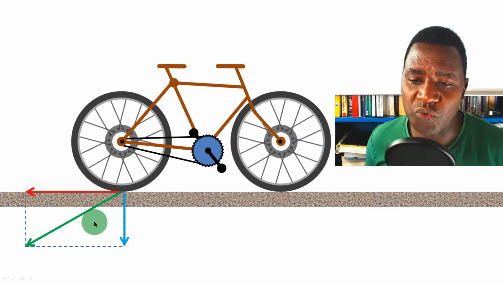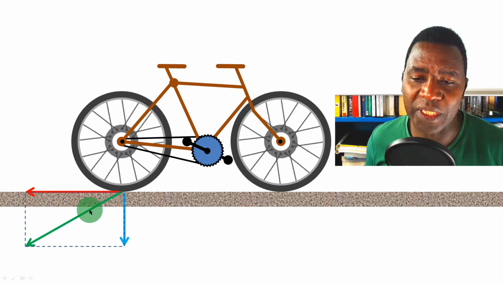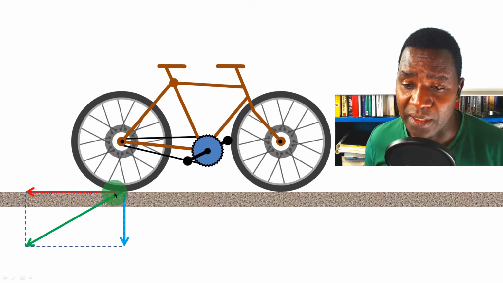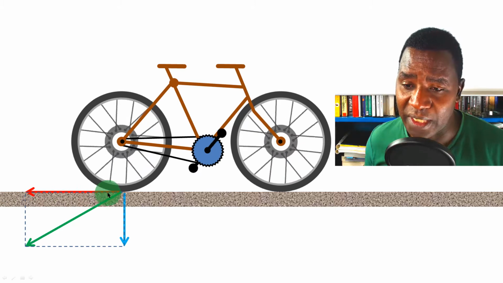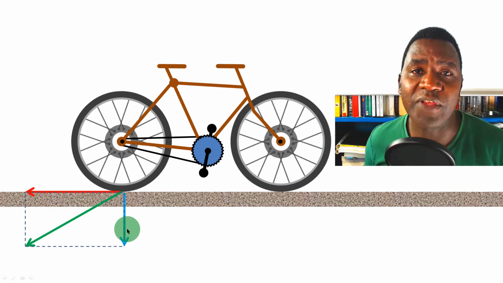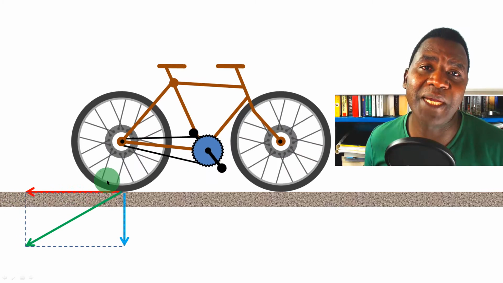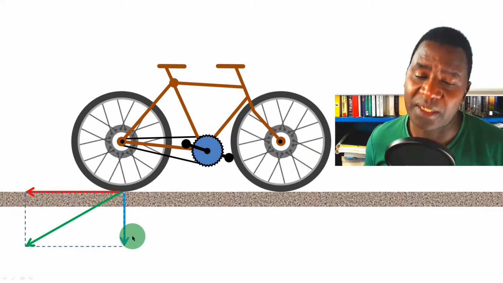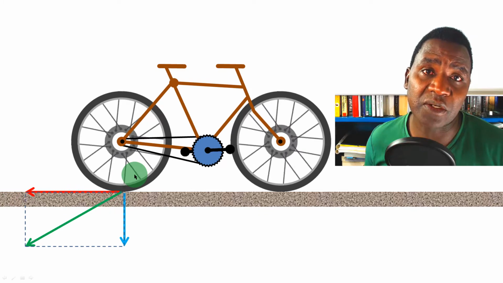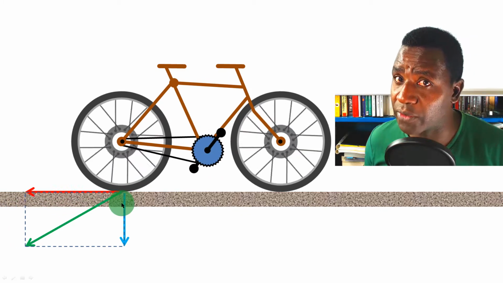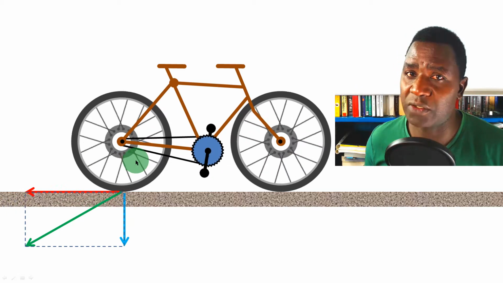This force has two components, the driving force and the weight of the bicycle. Remember, the driving force is generated by the bicycle. The weight is a property of the bicycle. So the two are two forces exerted on the road by the bicycle.